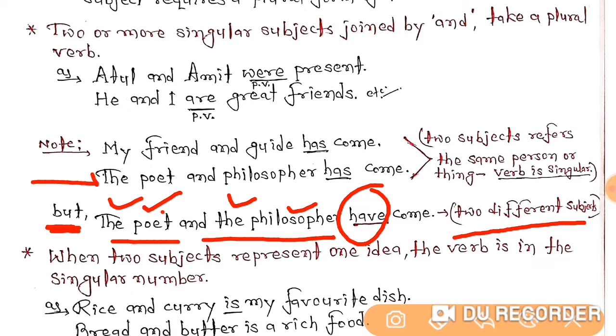But in this example you can see I have done once the poet, but not the philosopher. Here I have not written the. You have to understand that there is only one person, that is poet and philosopher both. But here you can see the poet and the philosopher. This means here we are just talking about two persons. The first one is poet and another one is philosopher, right? So in this case we have to go with plural verb, as I have done here have, right students?